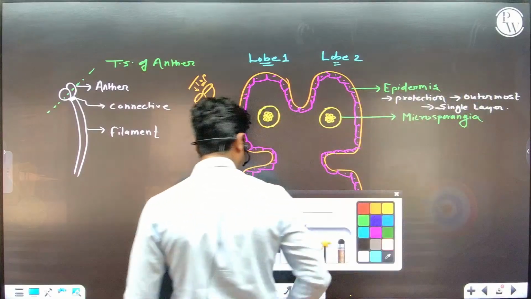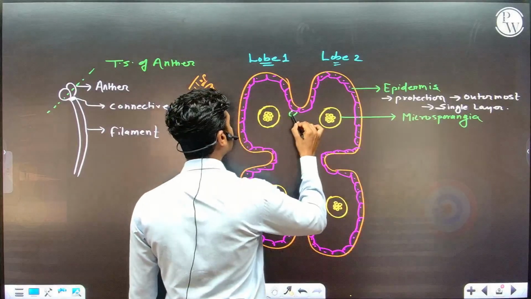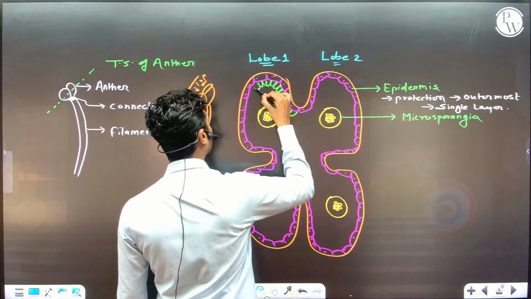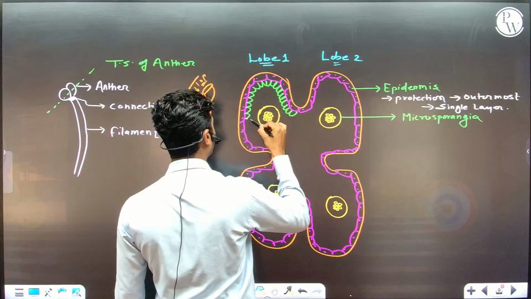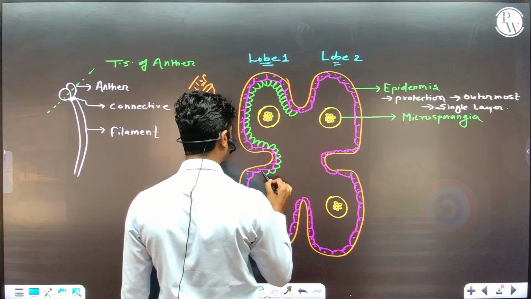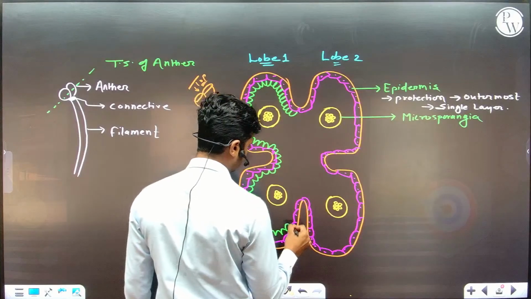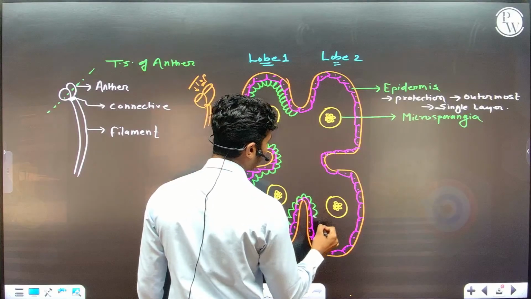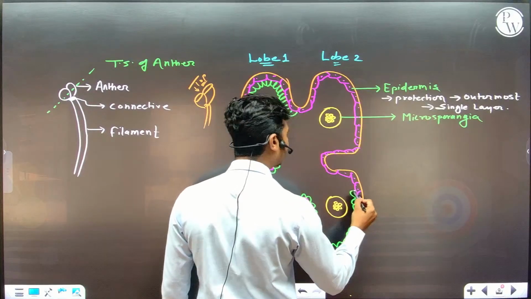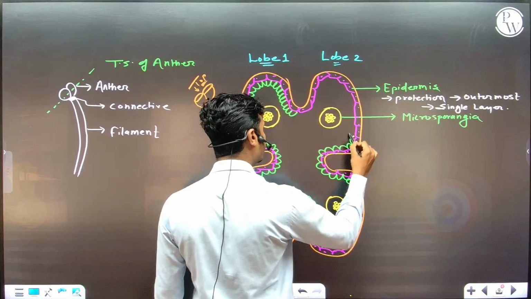Now, inside the epidermis, there is an elongated cell present in the structure of anther, which has callose deposition, a tough membrane, a single layer like epidermis, but elongated cells having callose deposition.